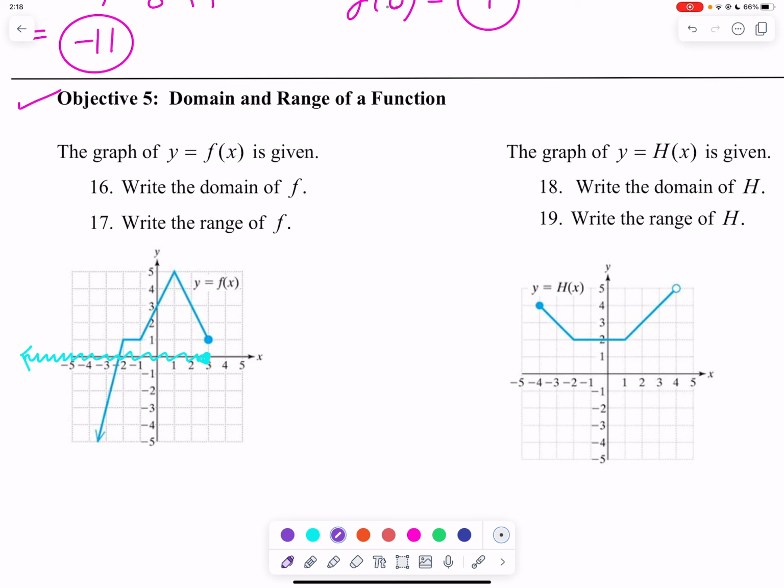So here the domain will be negative infinity going all the way to x equal to 3. For the range, we want to start at negative infinity, and we want to go all the way up to 5, and we are going to include it. So we have negative infinity all the way to 5.